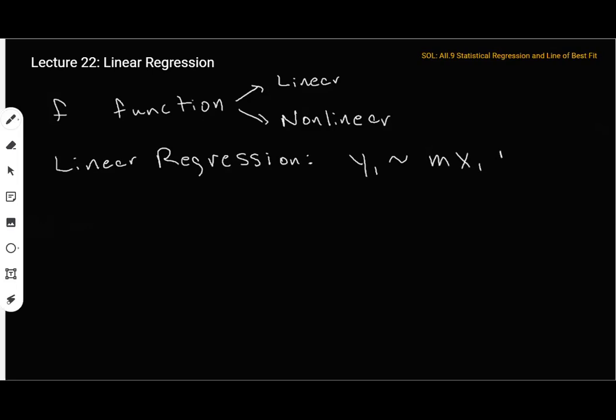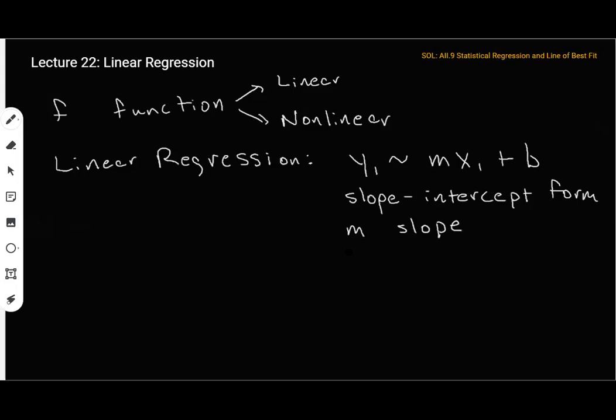mx plus b. So this is what's known as slope-intercept form. And the reason why we call that is because this letter M right here is going to be the slope. So M is going to stand for the slope of the line.